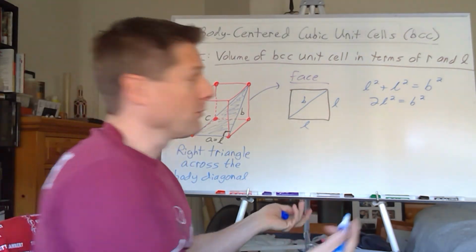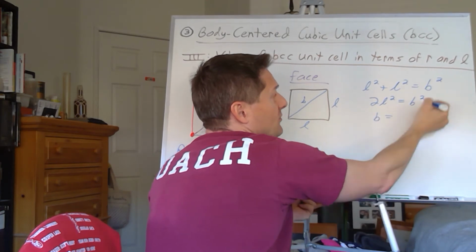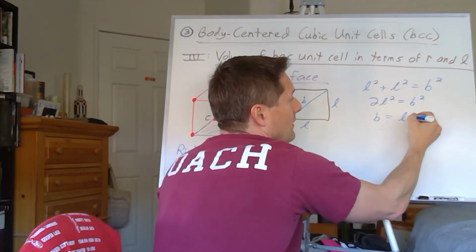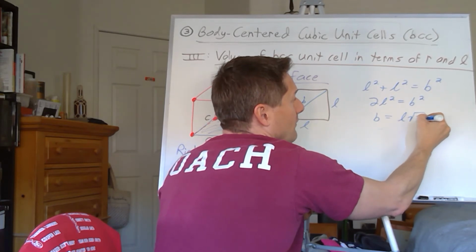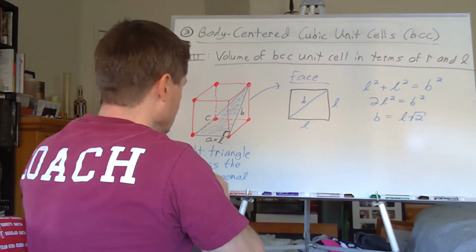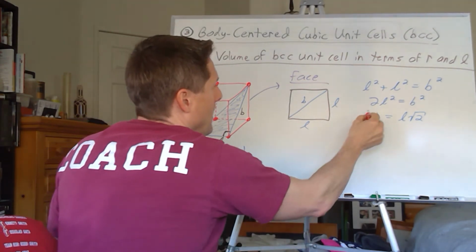So let's take the square root of both sides. B would be equal to, square root of B squared is B, and the square root of this would be L times the square root of 2. Would you agree with that? So let's plug that over here. Let's do this in red.